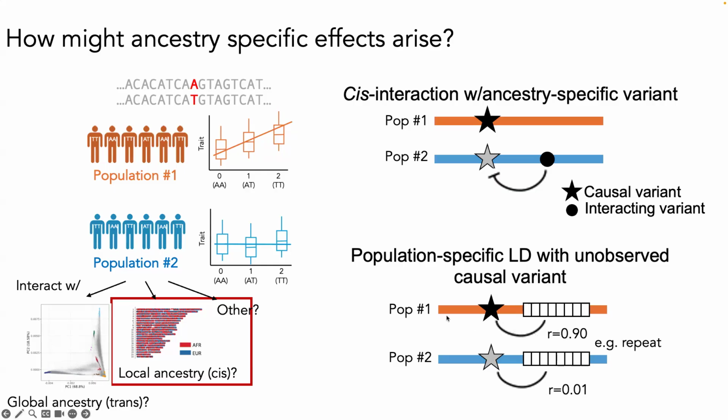So maybe in population 1, this variant we found is just super highly correlated with something else, like a repeat that we didn't directly genotype. But in population 2, it's not in high correlation with that other variant. And so it looked like this was only having an effect in one population and not the other. And so this brought us back to looking for repeats or other types of not directly genotyped variants that could be driving these types of effects.